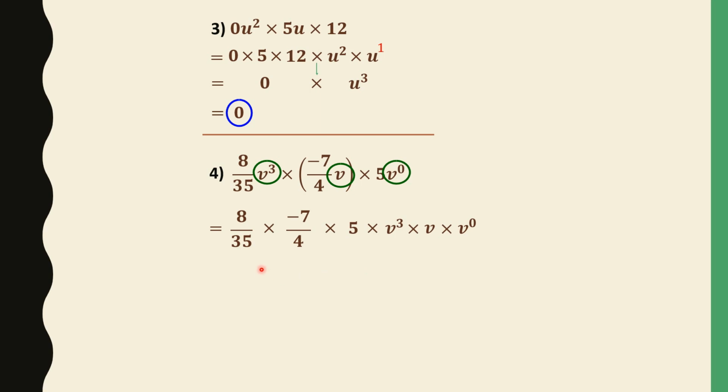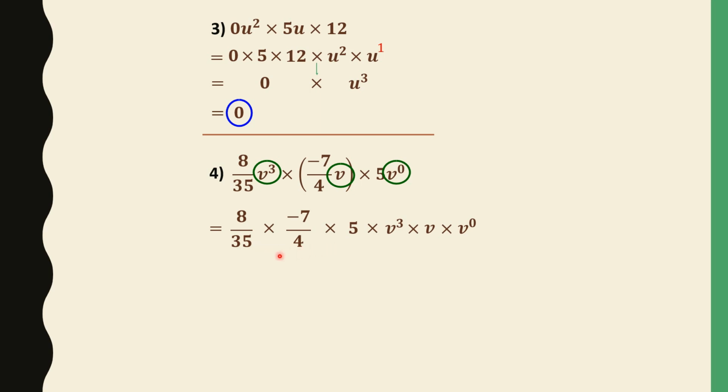Now, next step is to multiply the coefficients by each other, and we add the exponents of the same variables. Here we have only one variable, we add their exponents. Here, the coefficients, if you notice, we have product of fractions. Before we multiply fractions, we can simplify them.